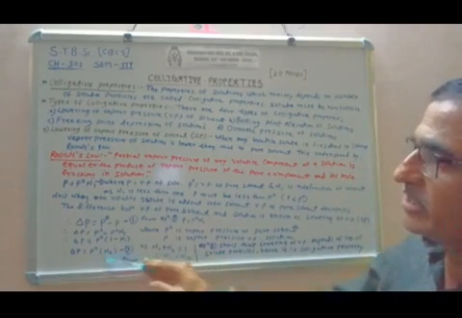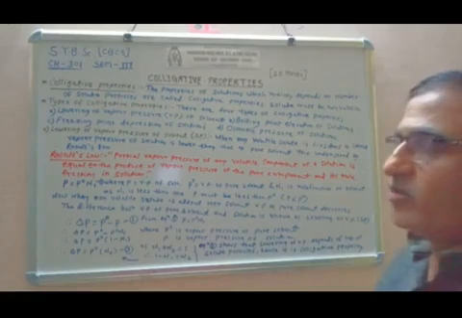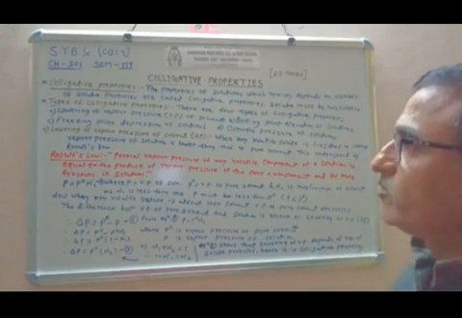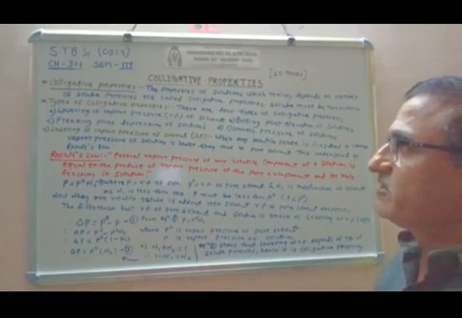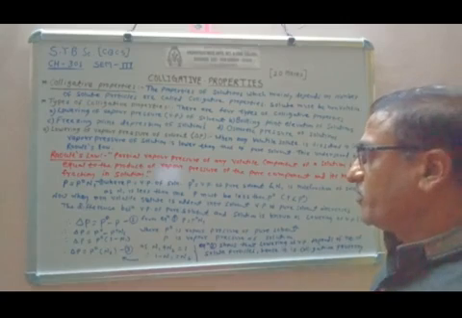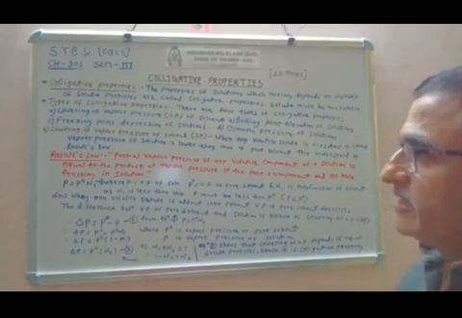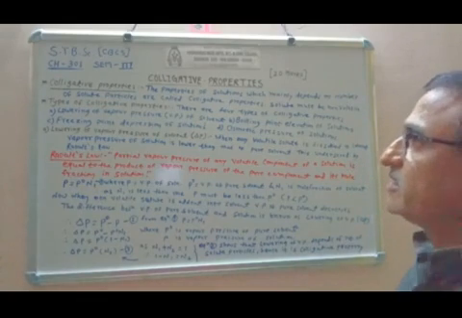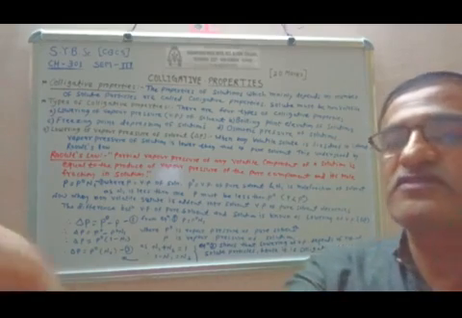Hence the lowering in vapor pressure is a colligative property, because it depends on the number of solute particles added to the solution. In this way we have discussed the first colligative property. Thanks.